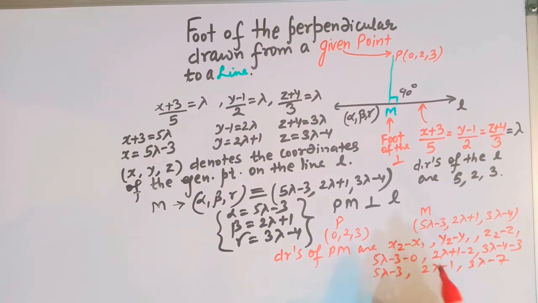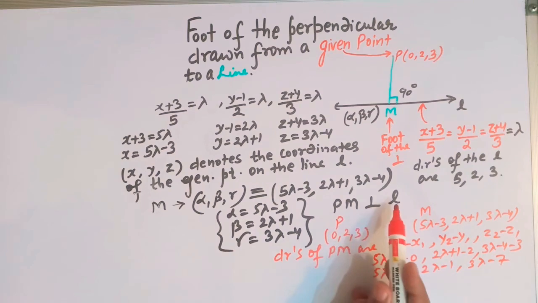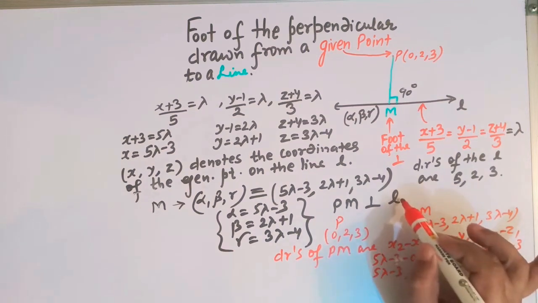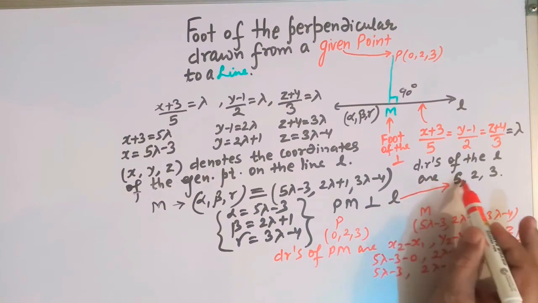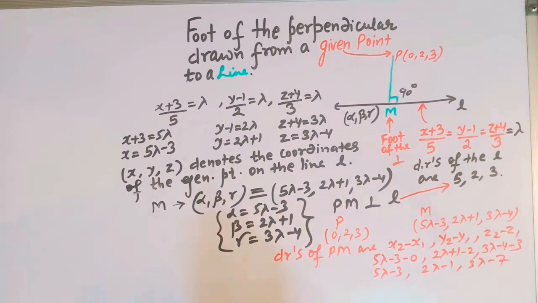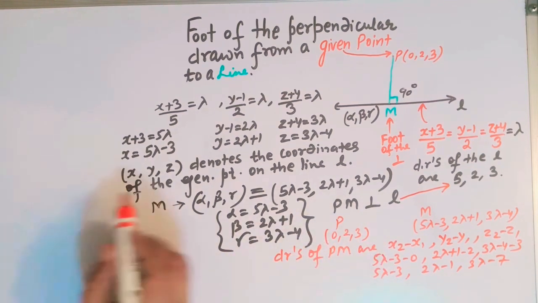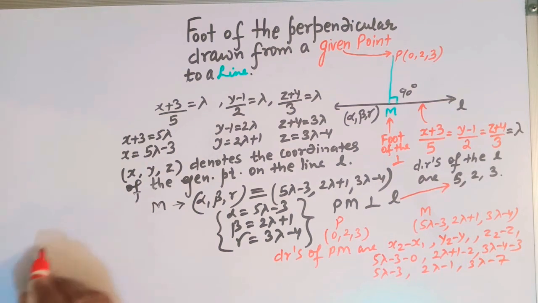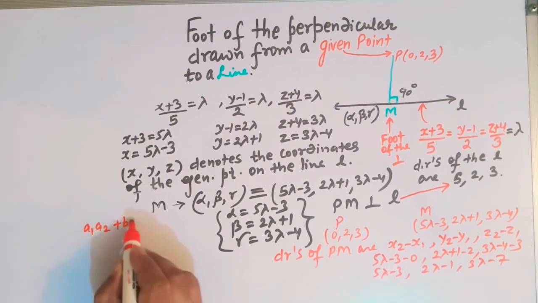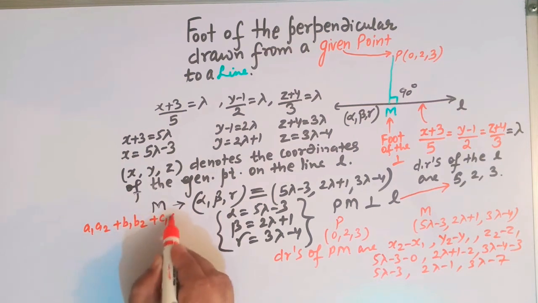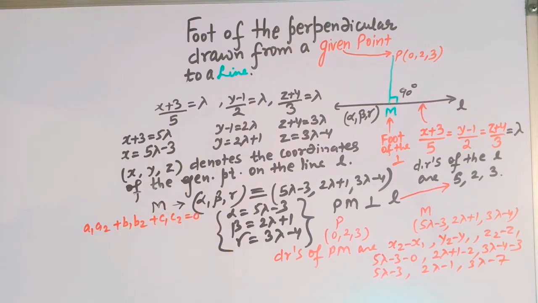Okay, now since PM is perpendicular to L and the direction ratios of the line L are 5, 2 and 3, and we know that if two vectors are perpendicular, then the condition is a1 a2 plus b1 b2 plus c1 c2 is equal to 0, right?